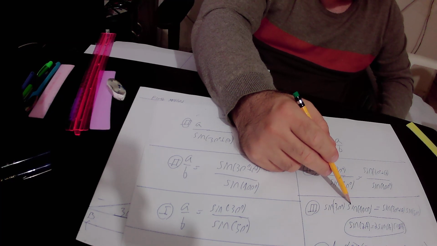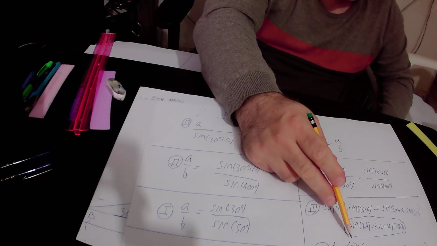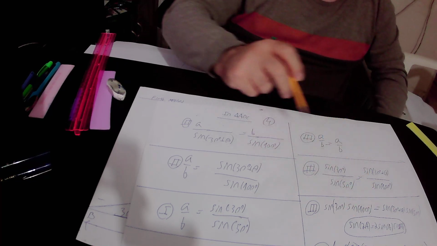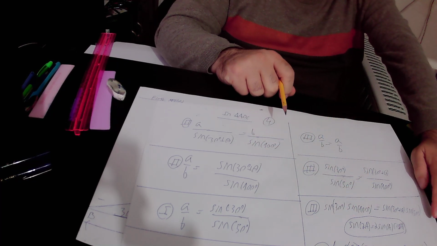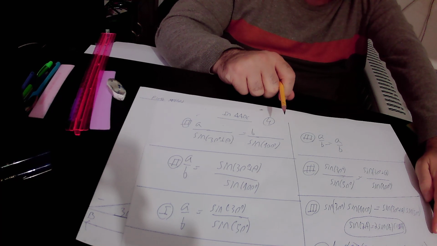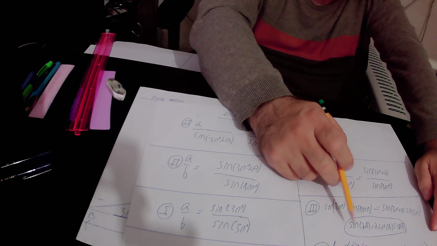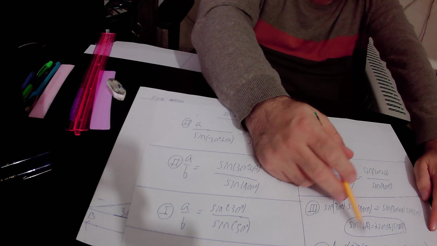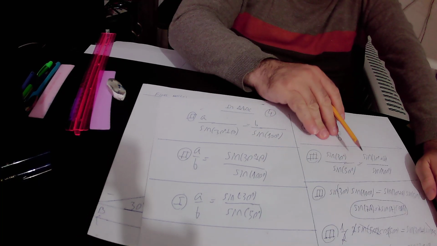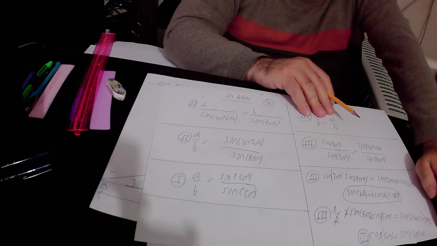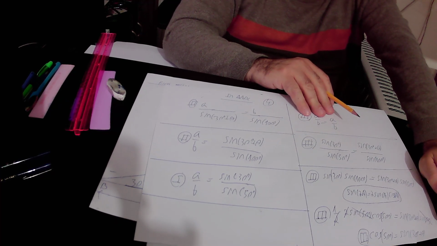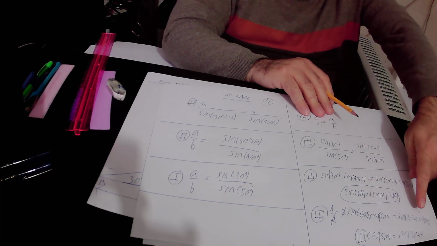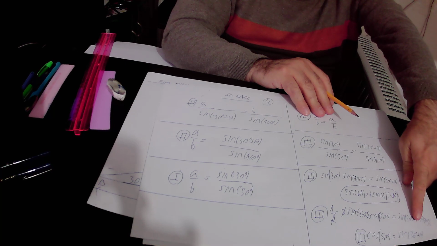And sine 100 degrees is 2 sine 50 degrees cosine 50 degrees according to this trigonometric identity, and it equals sine 30 degrees plus theta over sine 50 degrees. Here we have sine 50 degrees on both sides of equation number 3, so sine 50 degrees will get cancelled. And what is left from equation number 3 after we cancelled sine 50 degrees is cosine 50 degrees equals sine 30 degrees plus theta.